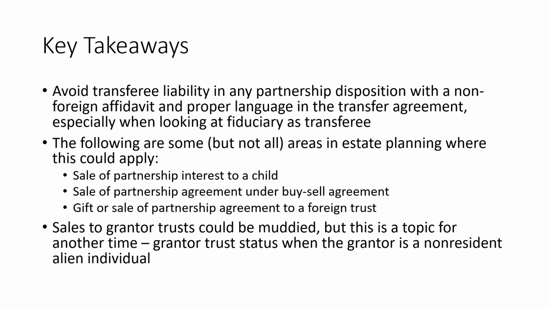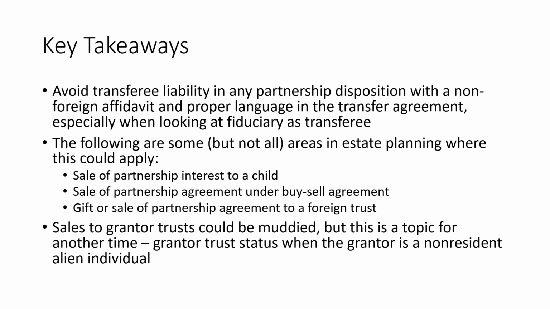Now, the following are some but not all of the areas where this could apply. We could have a sale of a partnership interest to a child or to another entity or a business partner, maybe under a buy-sell agreement. There could be a gift to a foreign trust or a sale of a partnership interest to a foreign trust. In any sort of case where we have these potentials, we're going to be concerned with whether this new withholding regime applies.